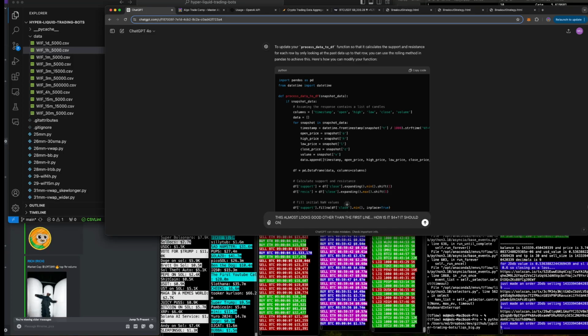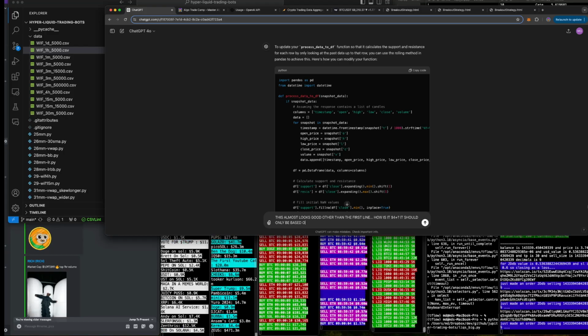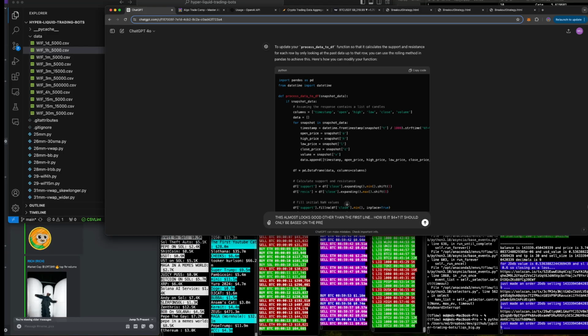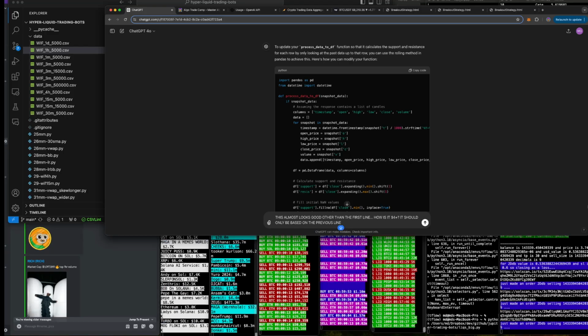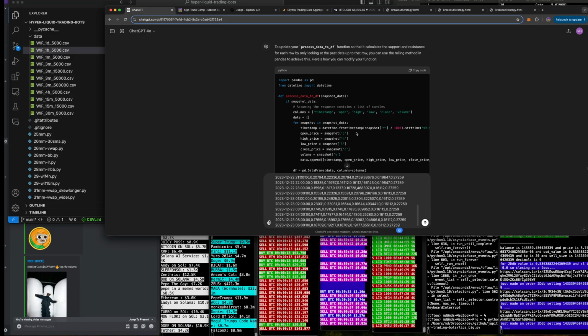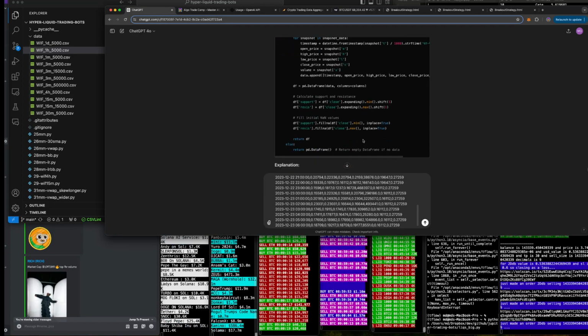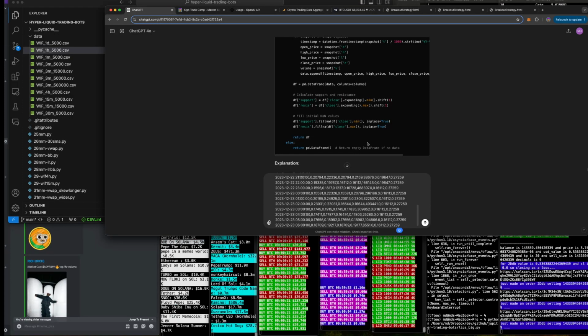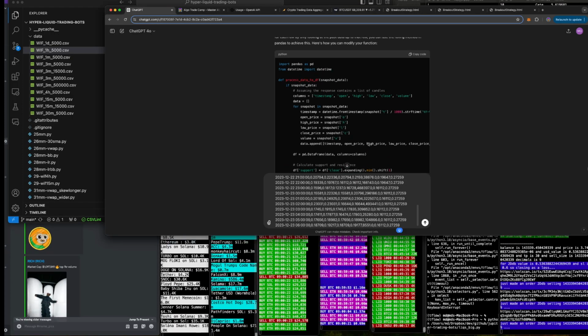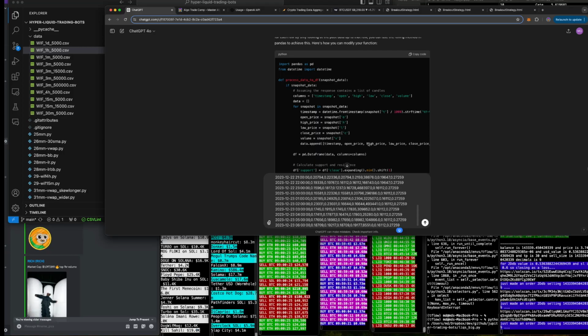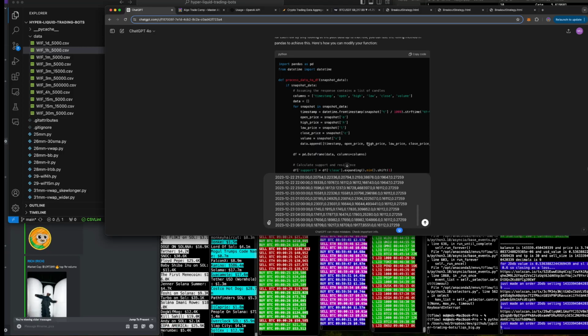It should only be based on the previous lines. Wait, so I guess that's the question though. Snapshot data, what SMA do we want?